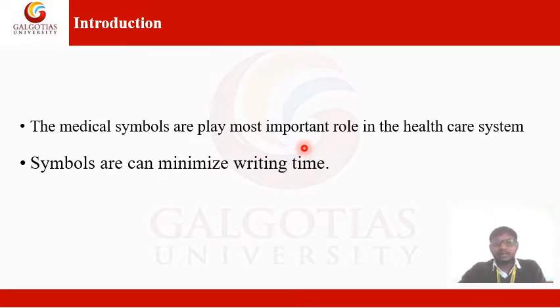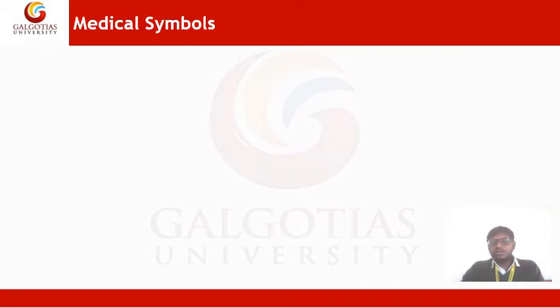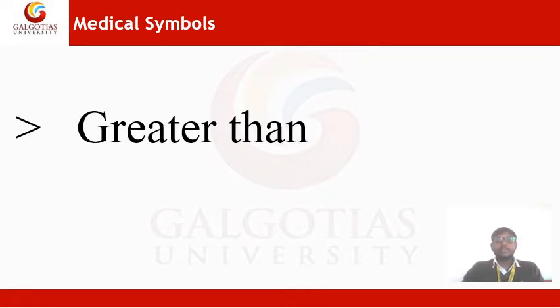Okay, let's see the symbols. What are the symbols here? Now starting with the medical symbols, you can see greater than. I think you know this very well, these normal symbols. You studied in mathematics, in standard 8th class also, greater than and less than.